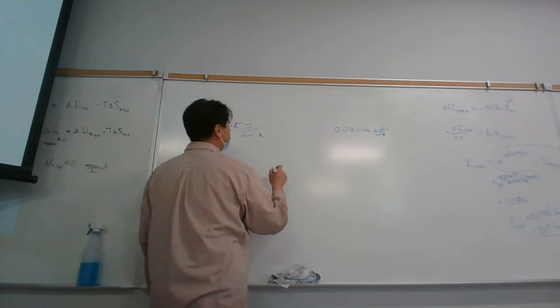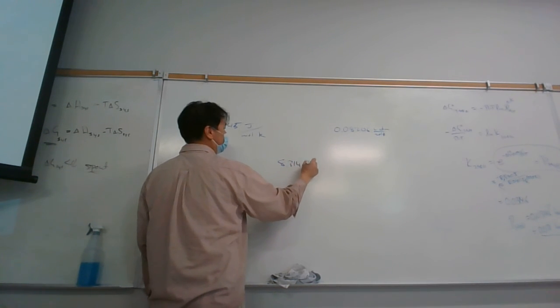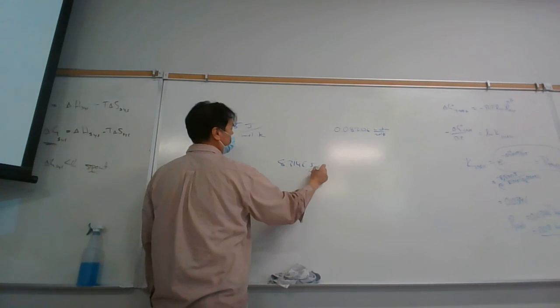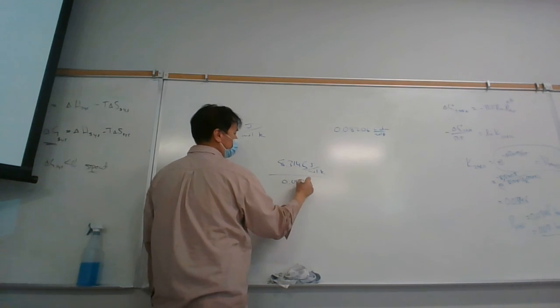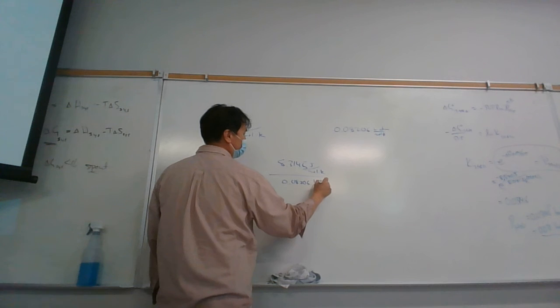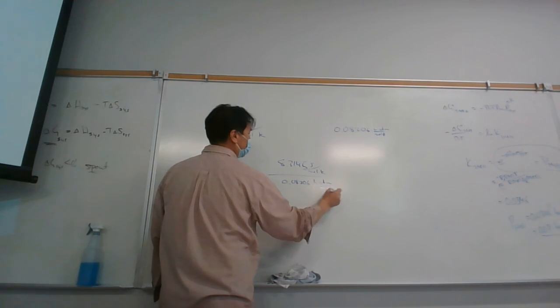So the easiest way to do this here is we've got 8.3145 joules per mole Kelvin divided by 0.08206 liters times atmosphere per mole Kelvin.